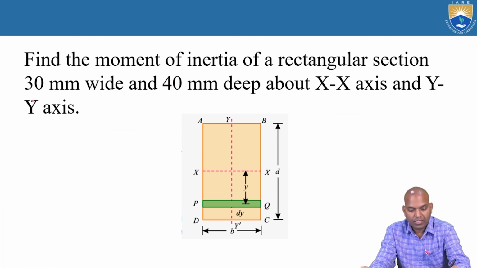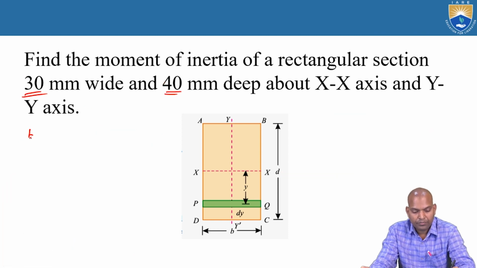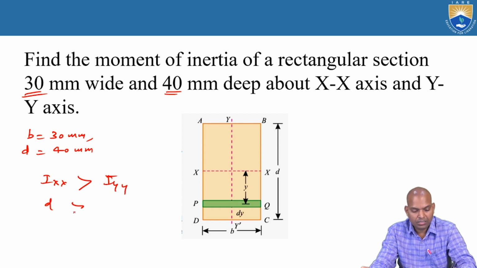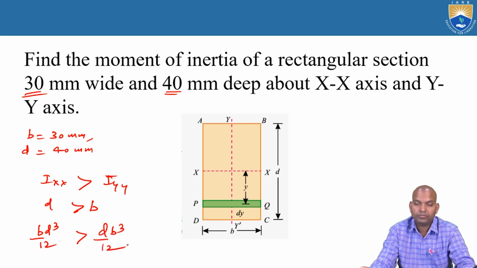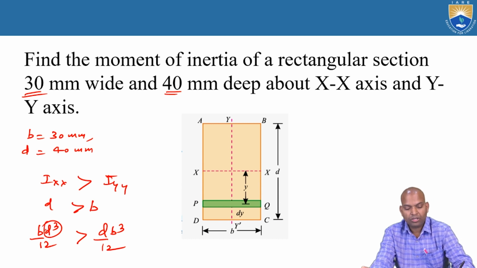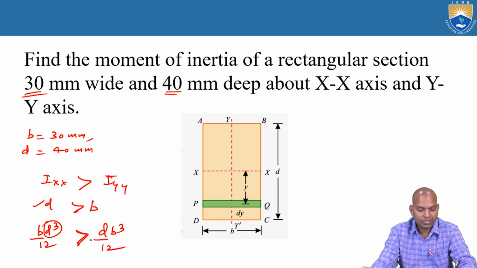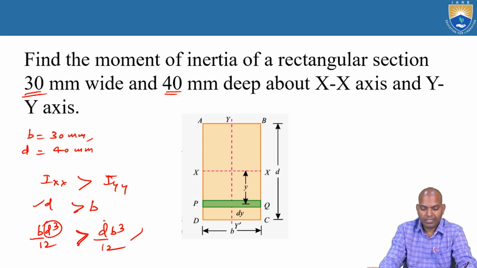For B equal to 30 millimeters and D equal to 40 millimeters, Ix is greater than Iy because D is larger than B. Ix is b d cube by 12, which is greater than d b cube by 12, because the depth D is the larger value. Now this is for a rectangular section.